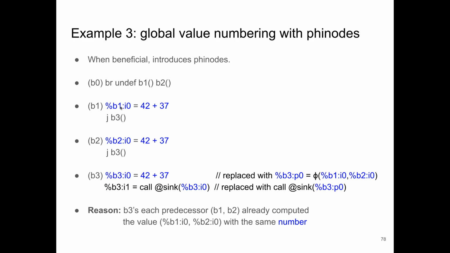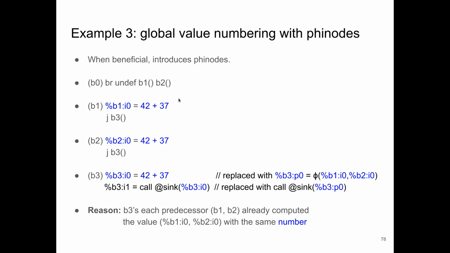So for example, B1's I0 doesn't dominate B3's I0 because of the existence of B2. Similarly, B2's I0 doesn't dominate B3's I0. As a result, we cannot replace B3's I0 with either of these two registers. But you can see that there is some obvious redundant computation, 42 plus 37.